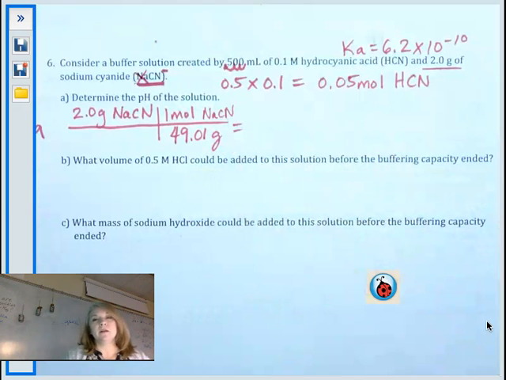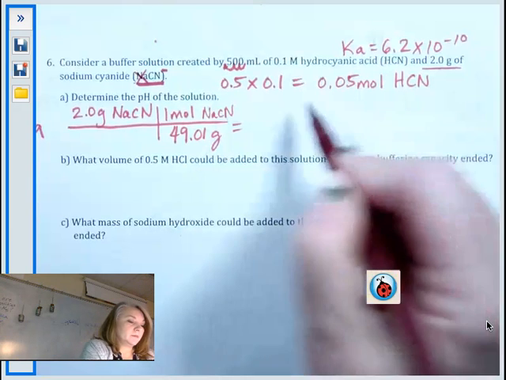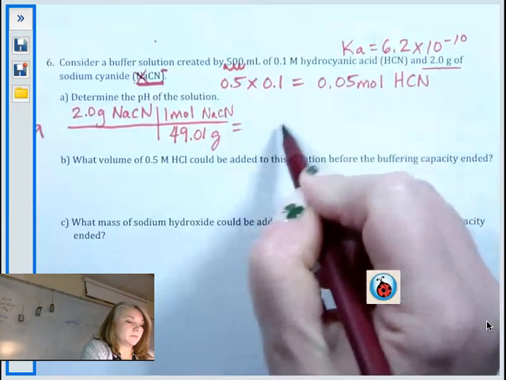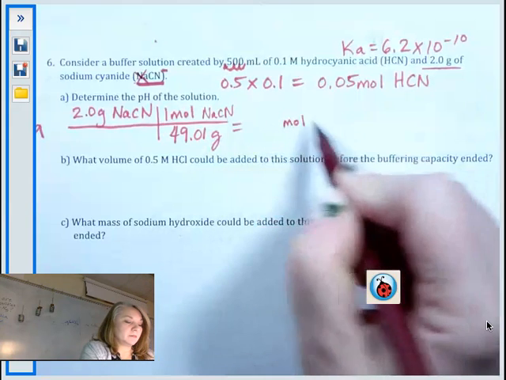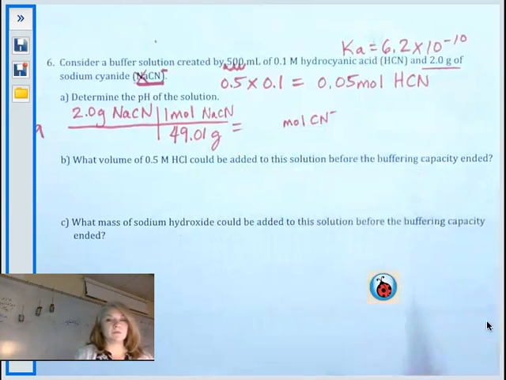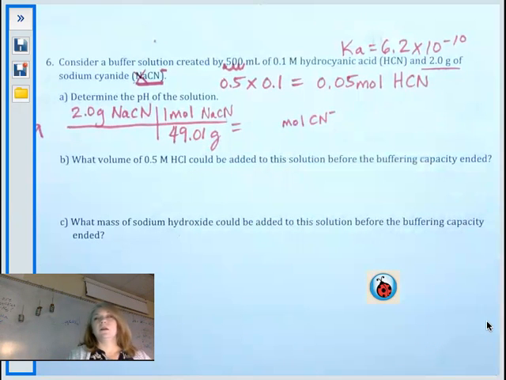It's going to be a much smaller amount of moles. What'd you get? It's going to be a small number. 0.041.